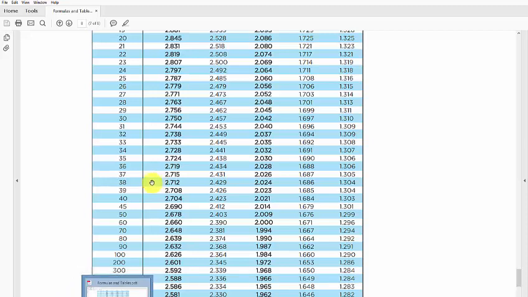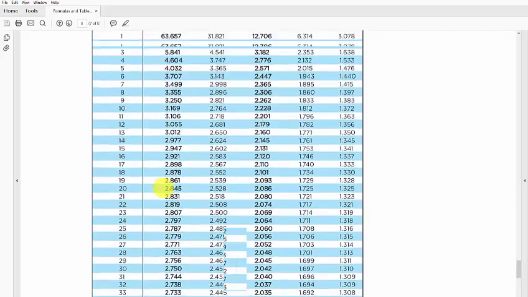So if I wanted to find the p-value here, I would look at the 39 degrees of freedom line and find the value in the table that is closest to my test statistic, which was 3.87. And we can see that 3.87 is bigger than this 2.708 number.